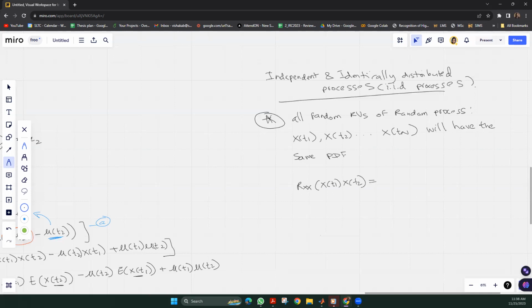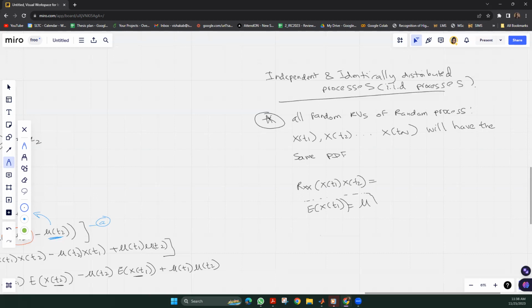For the IID case, if the expectation of the random variable xt1 is mu, what is the autocorrelation value that you can obtain if this process is an independent and identically distributed random process?